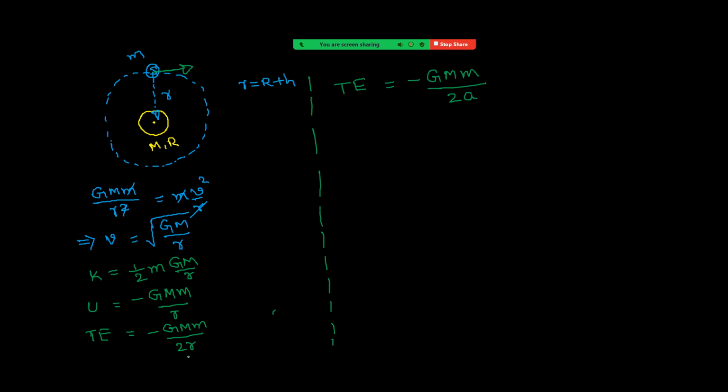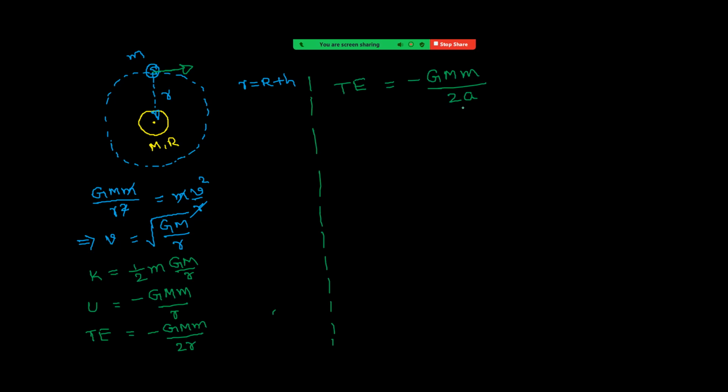That is the only change when taking the total energy. The kinetic energy is simply half m v square, and the potential energy is minus G M m by the distance between them. But for total energy, in the place of the radius of the orbit, it is the semi-major axis of the elliptical orbit.